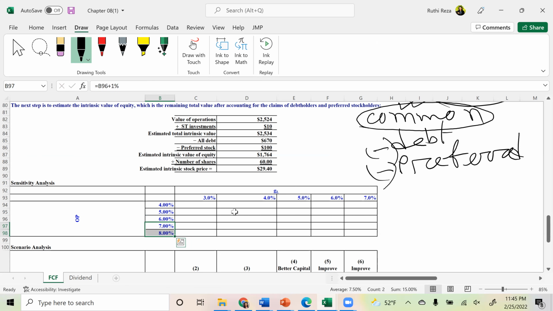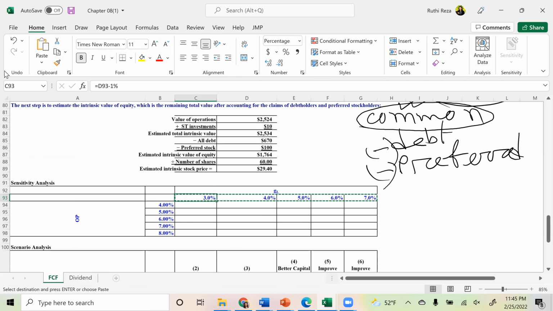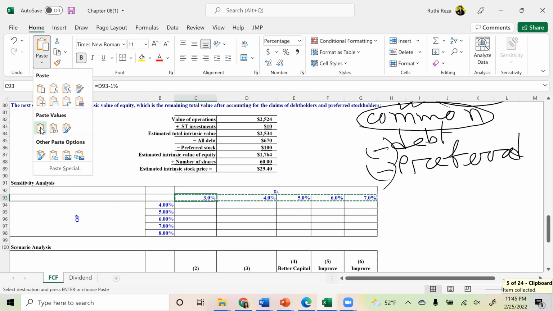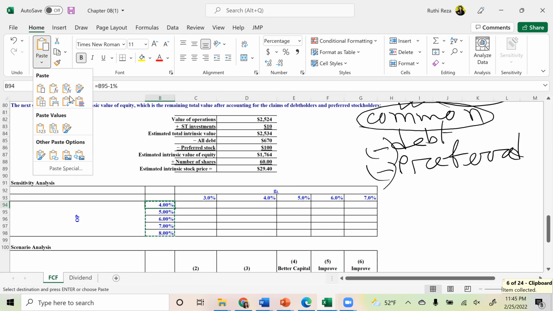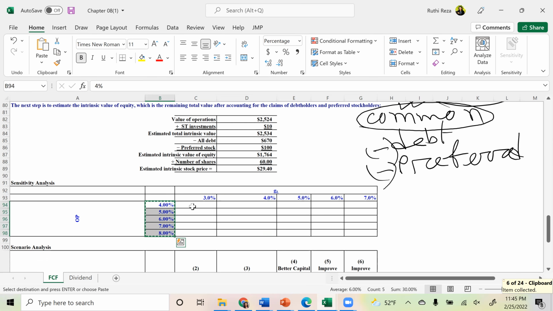All right. So next step is to convert all of these numbers into text so that there is no formula involved. So I just copied it first, Control C, copy, and then here paste as text. The same way, I'm gonna copy it and then I'm gonna paste as text.